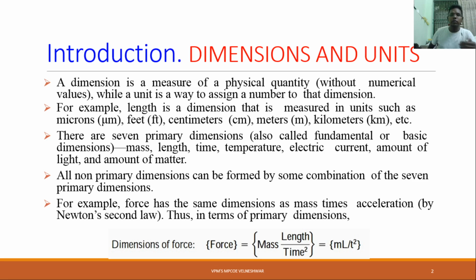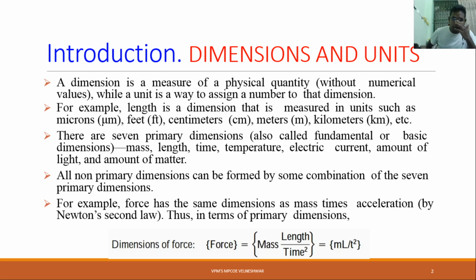What is that 10? What is that 15? That we assign in dimensions. For example, length is measured in microns, feet, centimeters, meters, kilometers. For length alone we go up to kilometers.